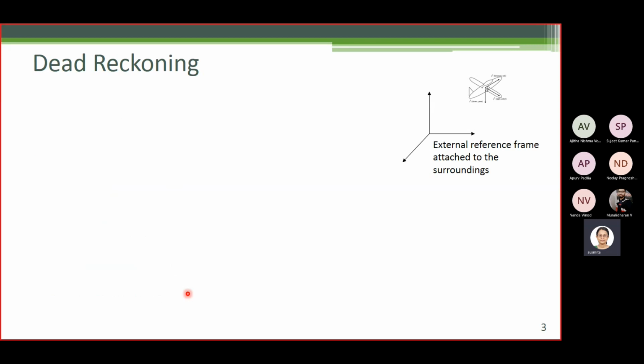What is dead reckoning? If you look up the dictionary, you will find that dead also means perfect or exact, and reckon means measure. So a dead reckoning device is intended to provide perfect measurements.